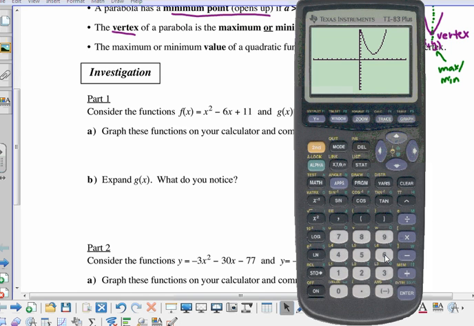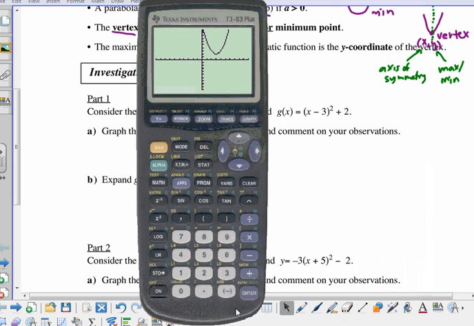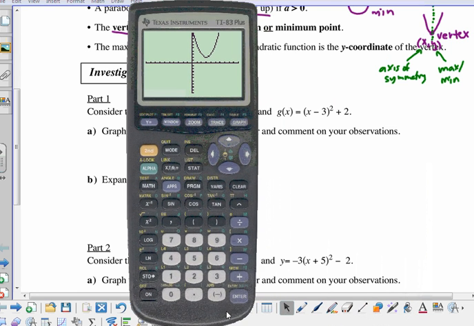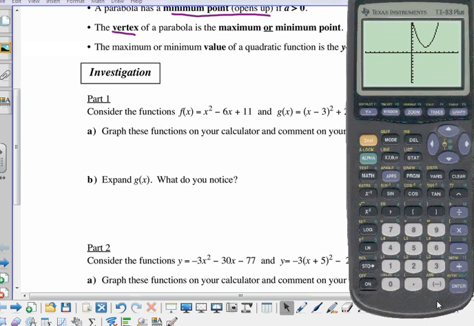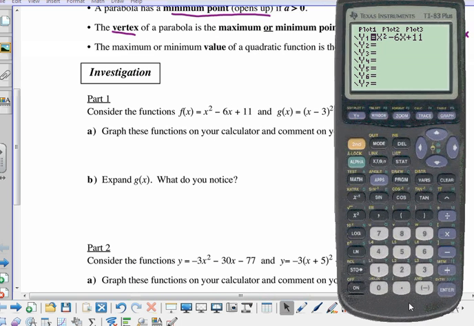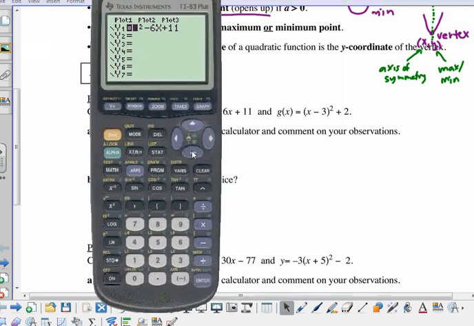Now we want to graph the other one as well. So we'll type it in: bracket x minus 3 bracket squared plus 2. But let's go all the way to the left and make it bold. By pushing enter once, now we'll have a bold line.